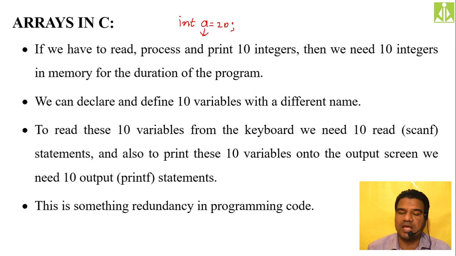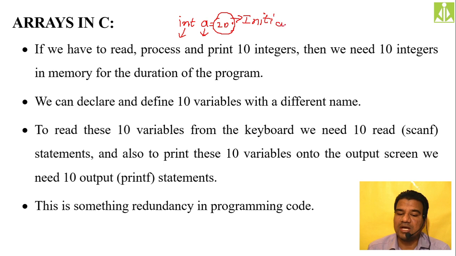Here we have given the name a to the variable. So this giving name is the declaration. When you specify the type, that I'm going to store only an integer type of value into this variable a, that is the definition. So this is declaration, this is definition, and finally assigning the value to it is the initialization.